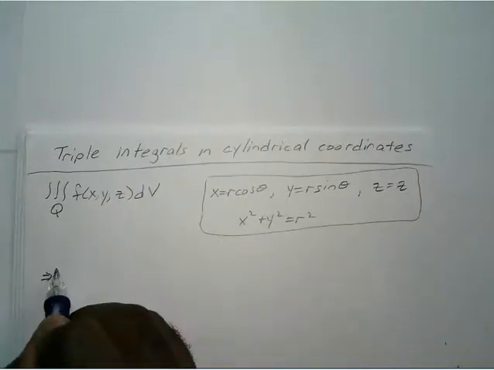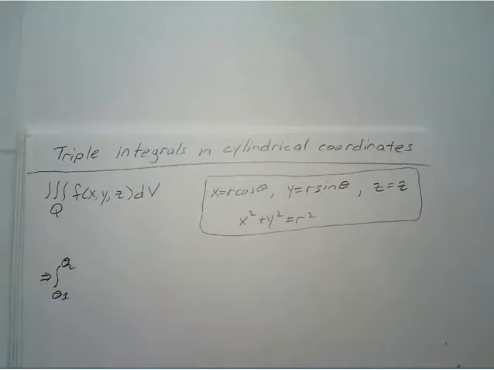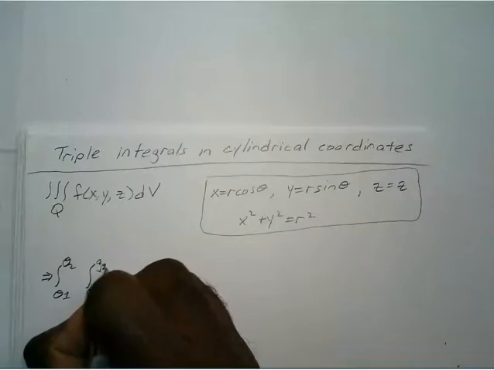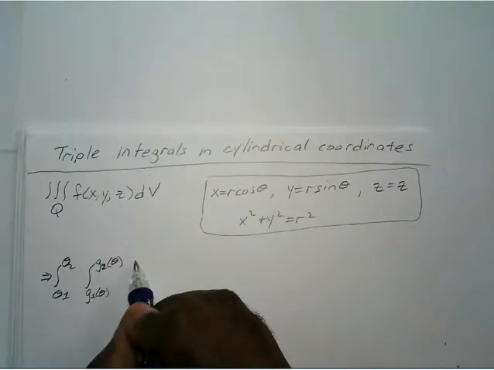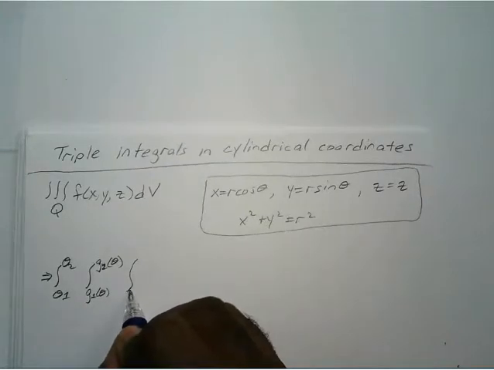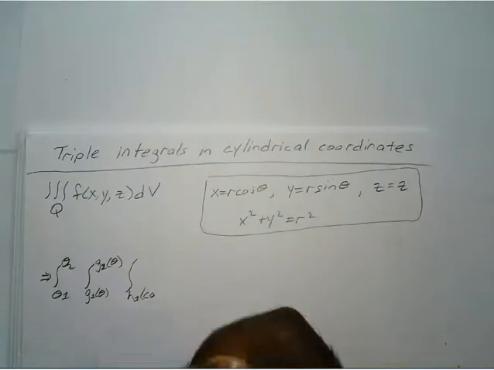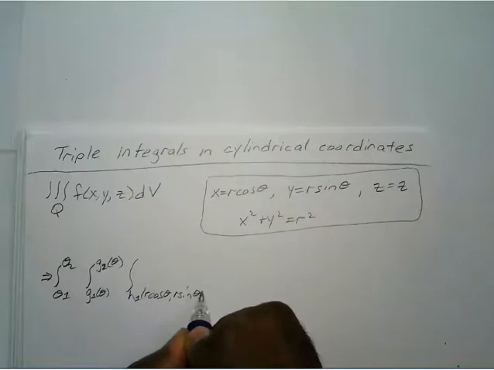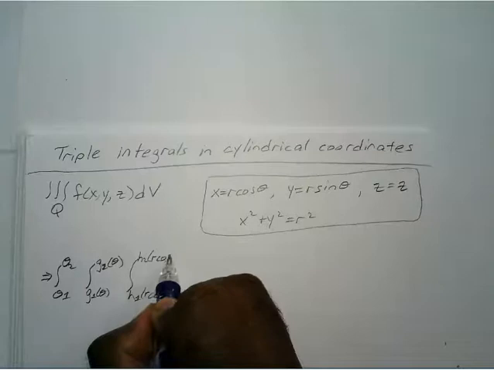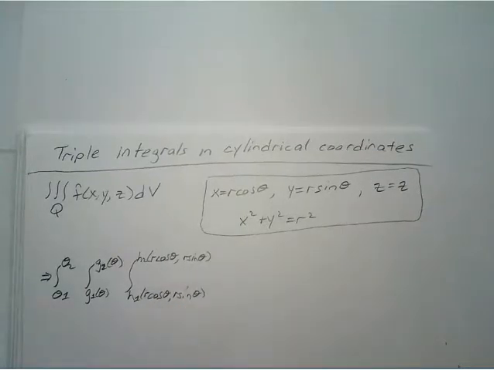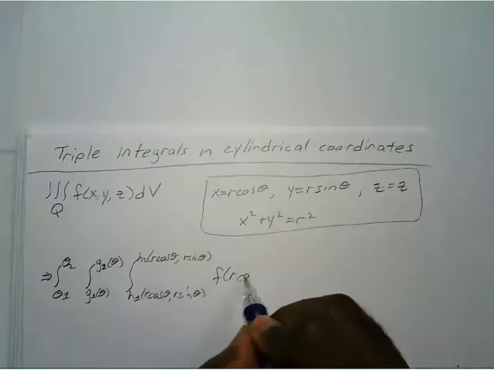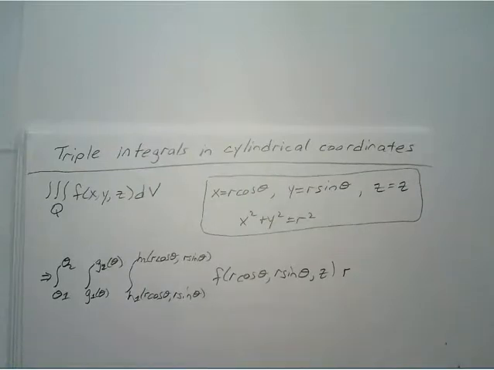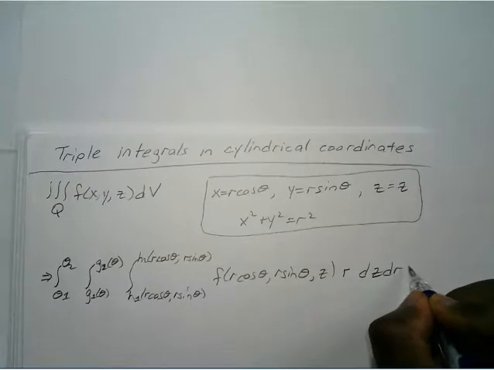All right, so the integral from theta 1 to theta 2, and the integral from our first function of theta to the second, and the integral from our first function of cosine theta, sine theta to our second function of cosine theta, sine theta, of the function of cosine theta, sine theta, z times your r, that's dz dr d theta.